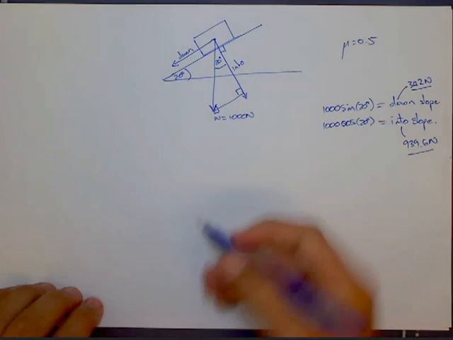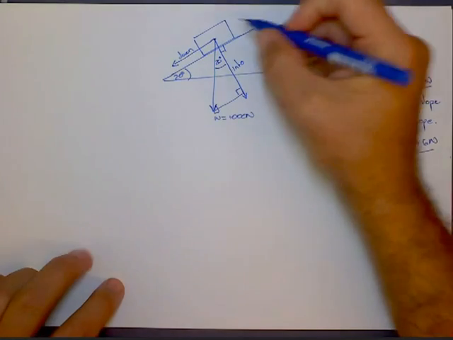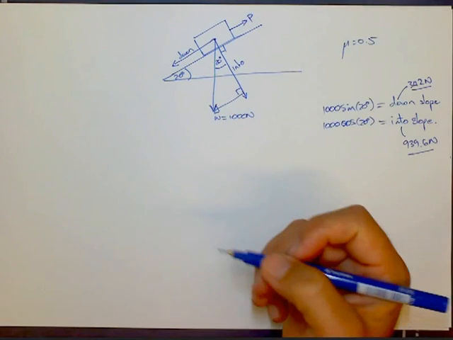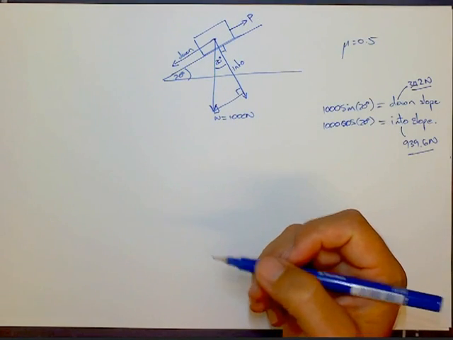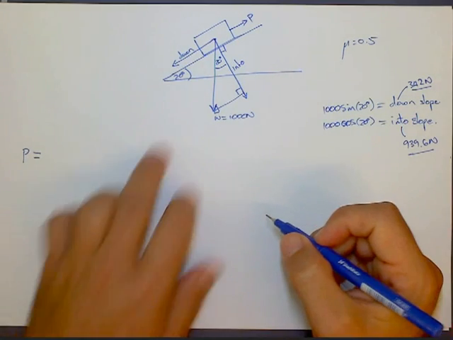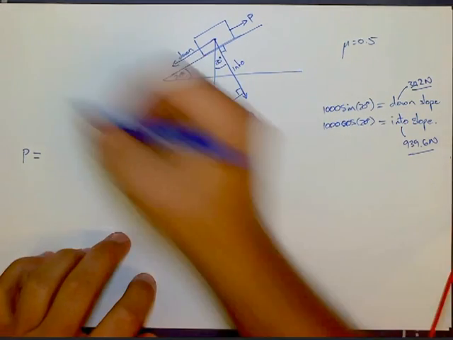Alright. Now let's look at the concept of us pulling this box, P, up the slope. For us to be able to move this box up the slope, the first thing that we need to do is overcome friction.